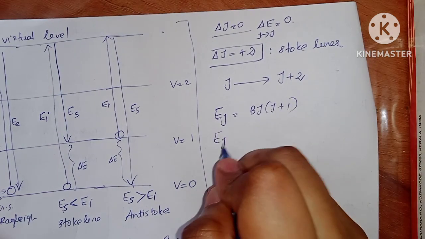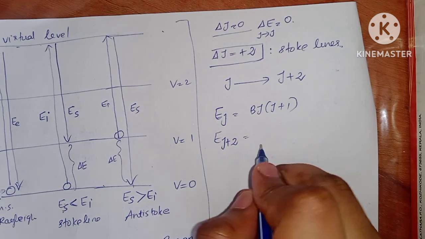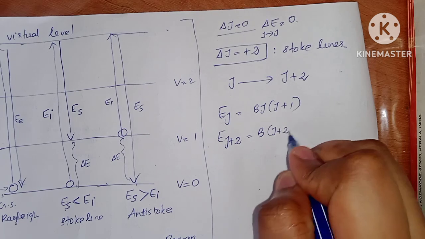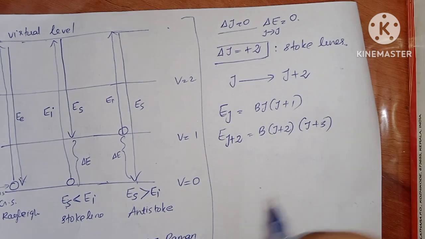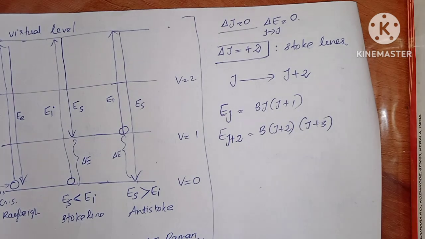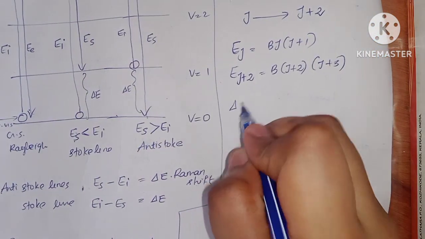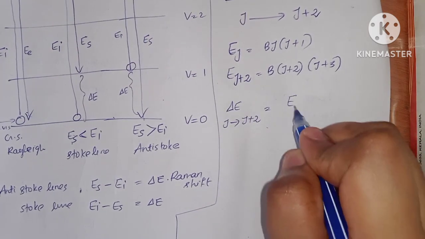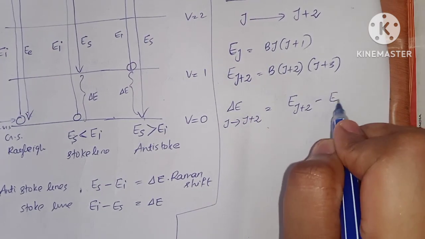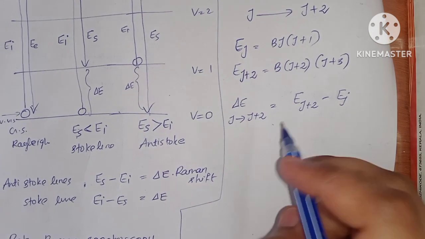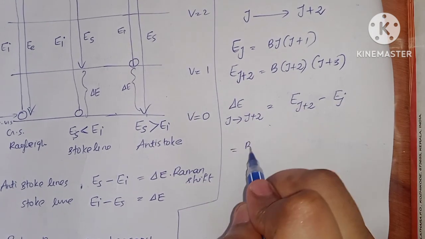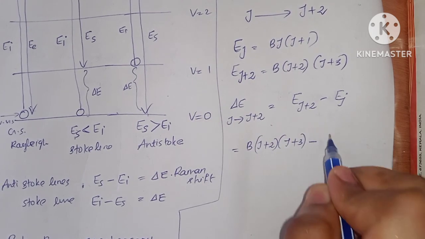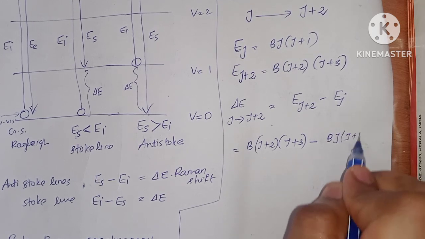So the energy of J plus 2 level is equal to B into J plus 2 into J plus 3. So for a transition from J to J plus 2, delta E is equal to E J plus 2 minus E J, final minus initial. So E J plus 2 is equal to B J plus 2 into J plus 3 minus B J into J plus 1.